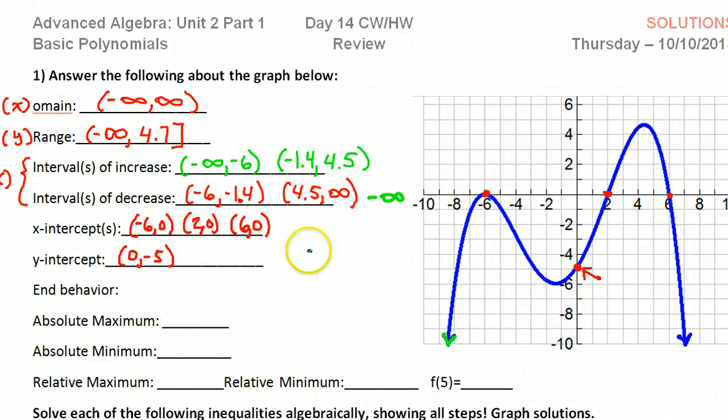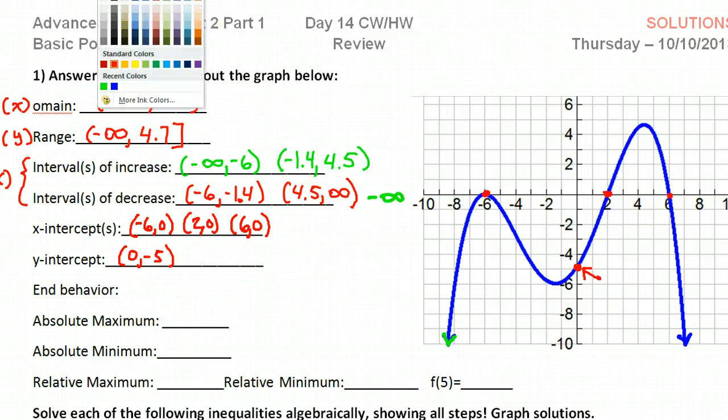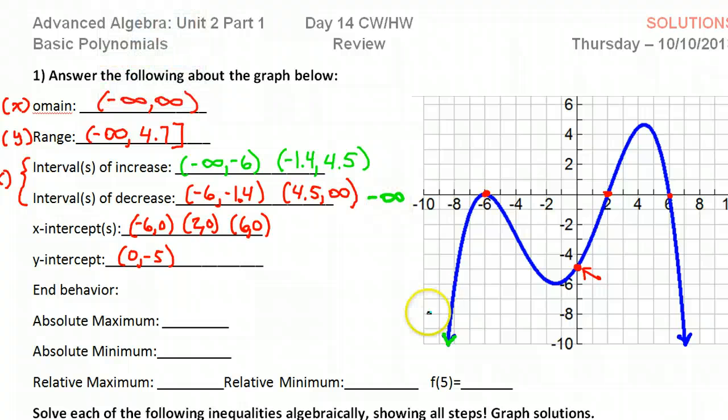Now end behavior. Well, on the left it falls, and on the right it falls. So this part of end behavior never changes. We'll say as x approaches negative infinity, that refers to the left side, f of x approaches.